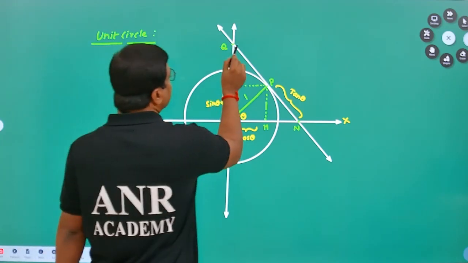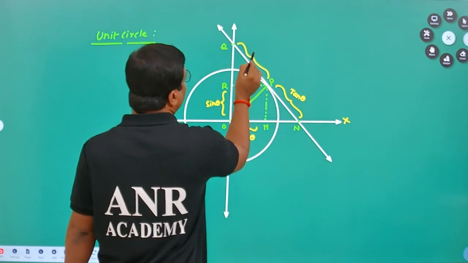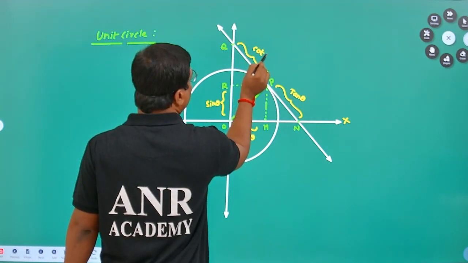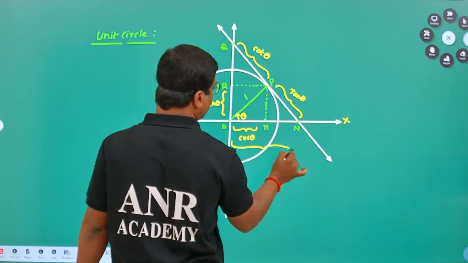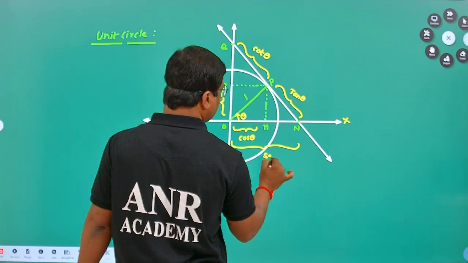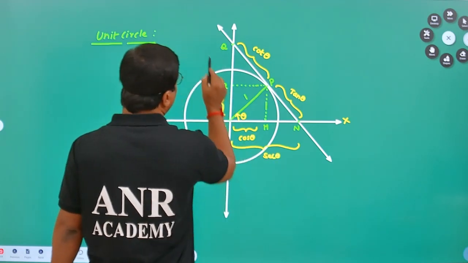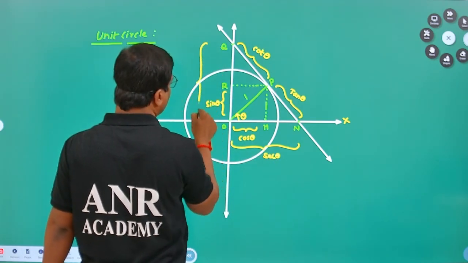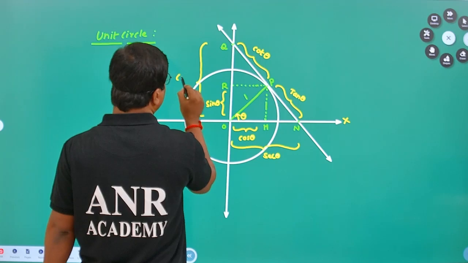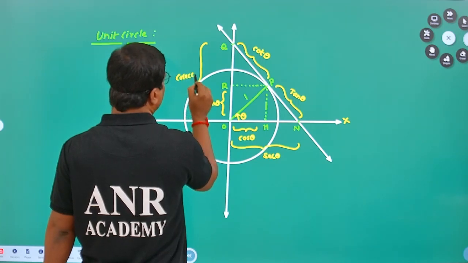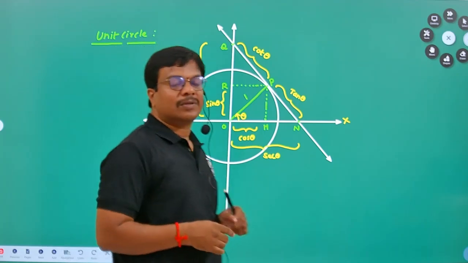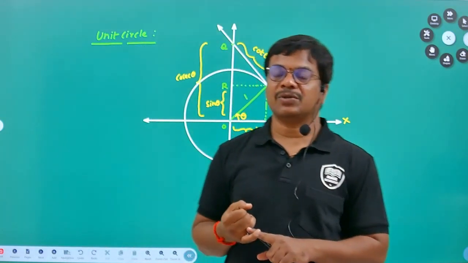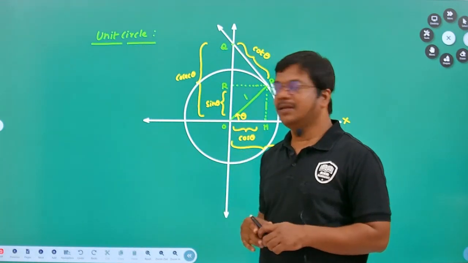And up to here it is cot theta. And from O to N, this is secant theta, and from O to Q, that is cosecant theta, remember.